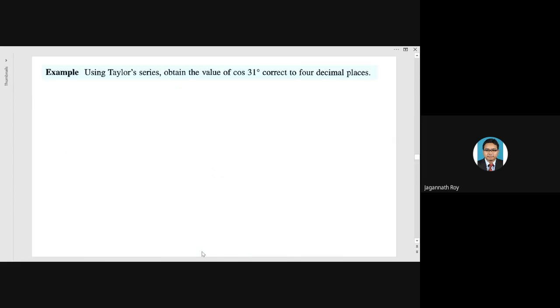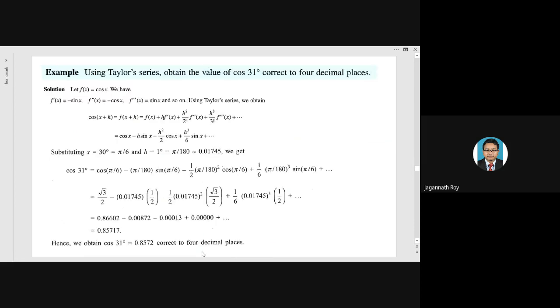So how to find the value of cosine: you can write it as cosine of 30 plus 1, so this is 31 degrees actually. You write it in this form, and then you use the Taylor series formula, x plus h.